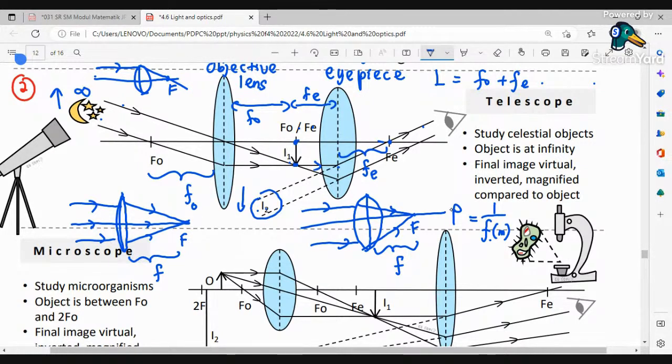Okay, itu ialah dia punya production of image for telescope. So because there are two lenses, for the telescope, the magnification of the final image is equal to FO divided by FE. Okay, so we discuss more later. That one is for telescope.